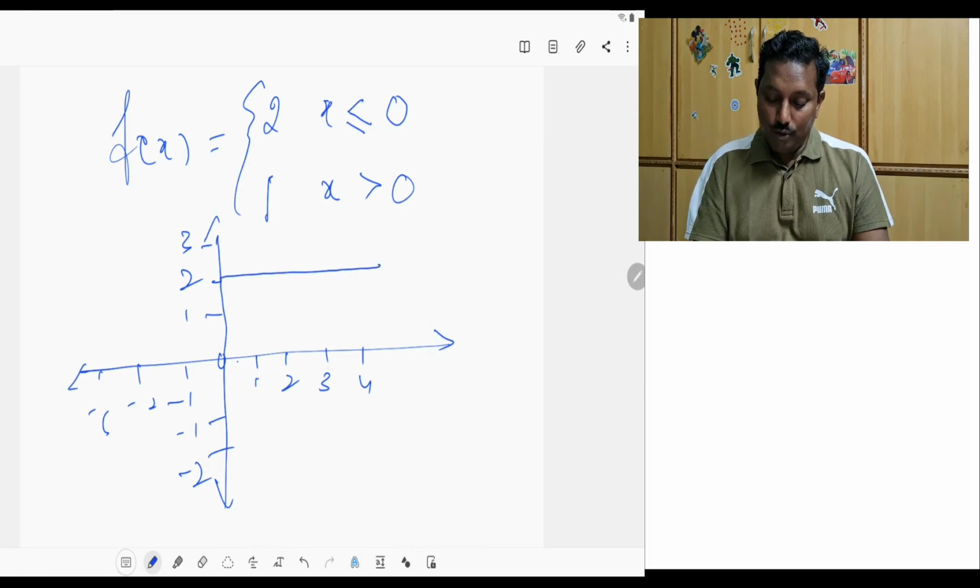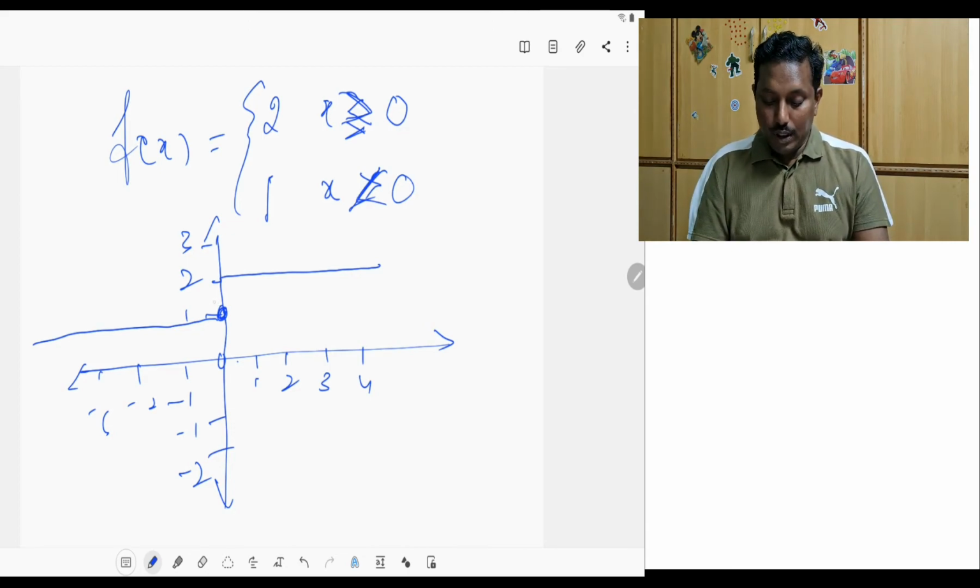So the graph goes like this. For every value of x greater than 0, the value is 1. Here it is not defined and it goes like this.